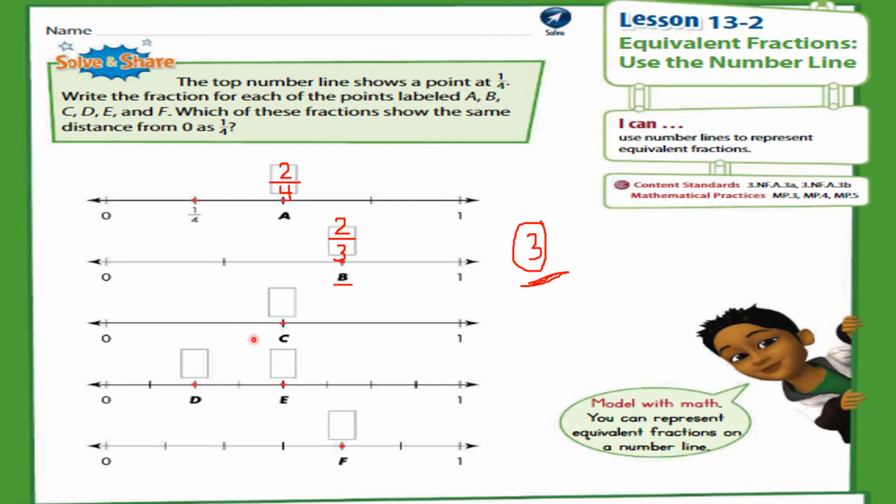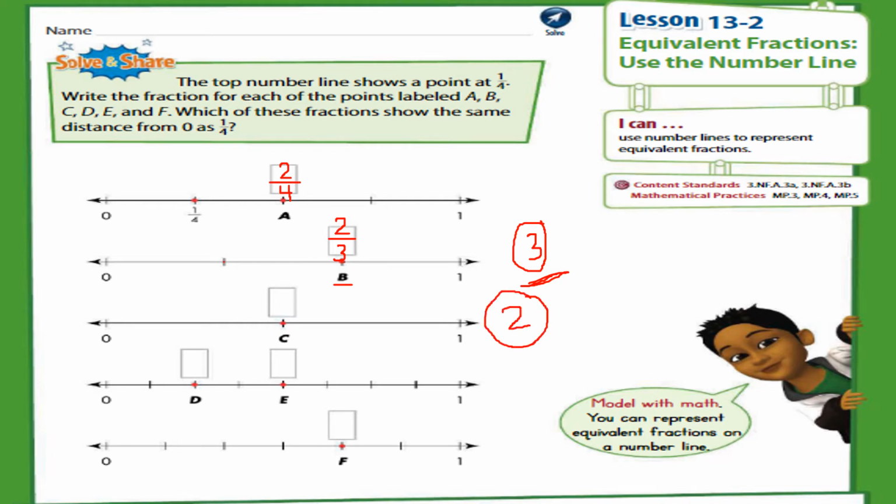So what is the first step? Excellent, counting the equal parts. Okay, will we start from 0 or 1? Excellent, from 1. So this point C on the number line is showing me the first part, and the line is divided into 1 and 2, only 2 parts.